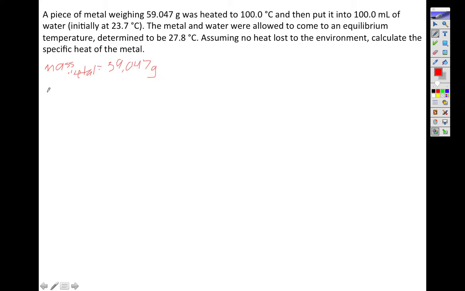We know that the initial temperature, Ti, was 100 degrees Celsius. We know the final temperature ended up being 27.8 degrees Celsius. And we are looking for the specific heat, so I'm looking for C.